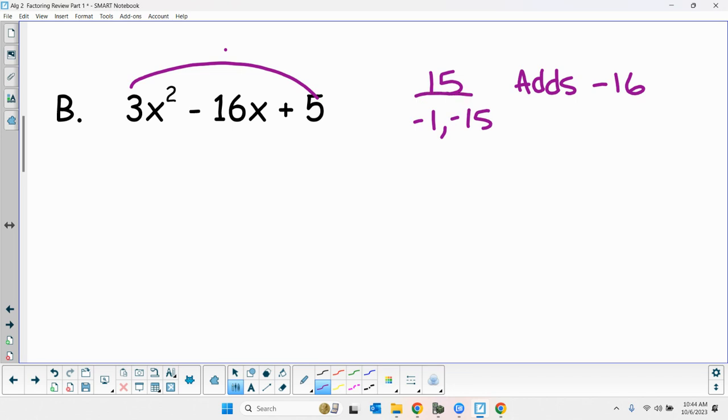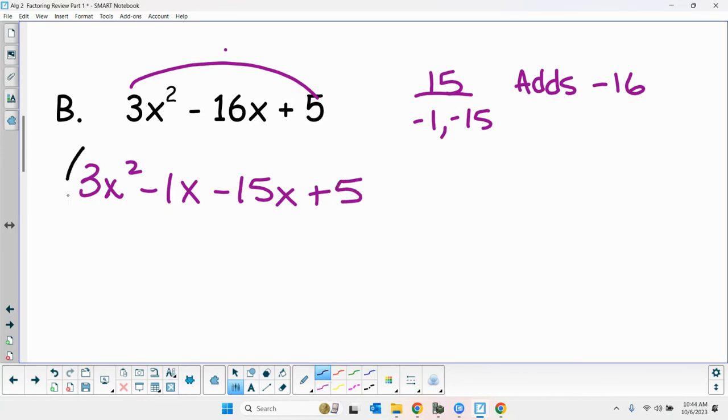So I go 3x squared minus 1x minus 15x. Now, if you put minus 15x minus 1x, it's okay. It'll still work out. Doesn't matter what order you put them in. But this is important. When I group and the third term has a minus in front of it, put it inside the group.